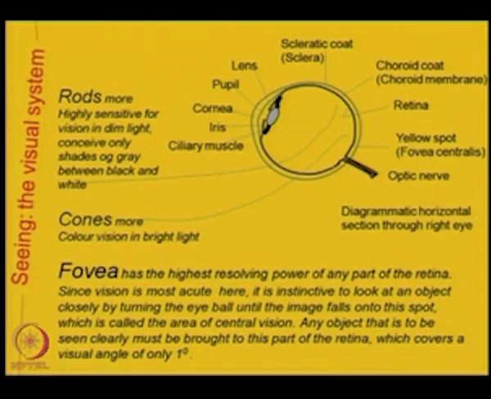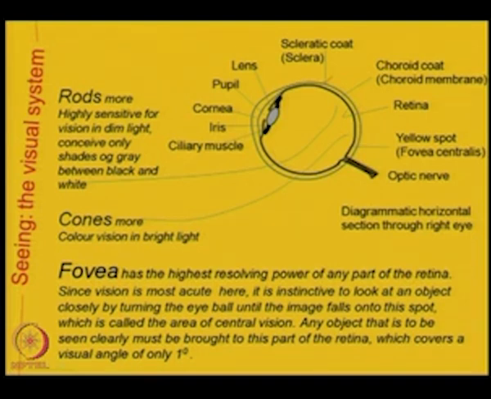Now, if we see this figure, the outer cover is called the sclerotic coat or sclera. This coat is called the cornea, and the inner lining of the eye is the retina, and the retina is lying on a choroid coat, that is, a choroid membrane.